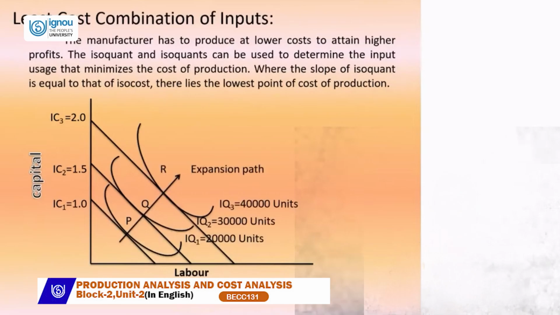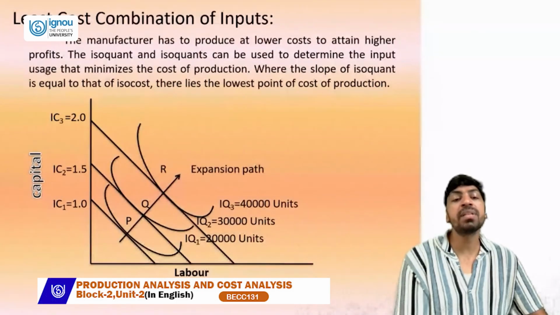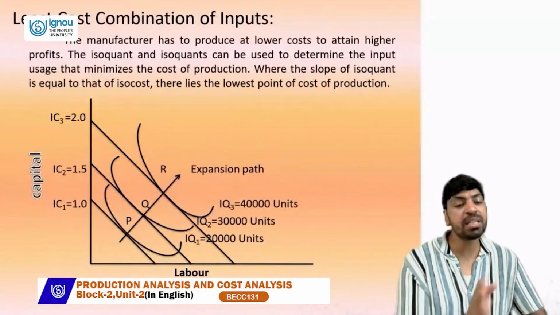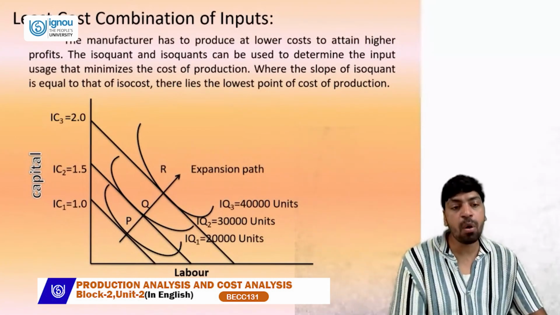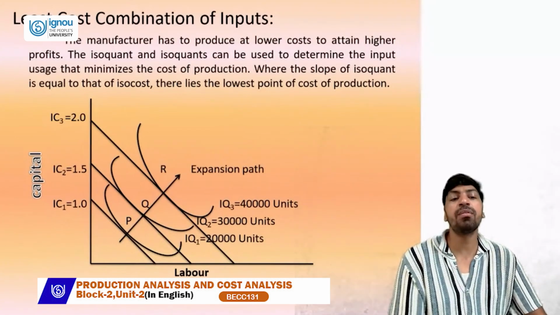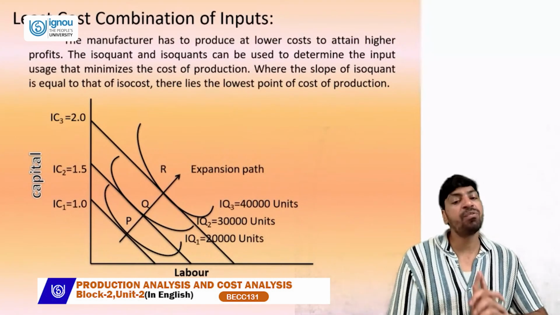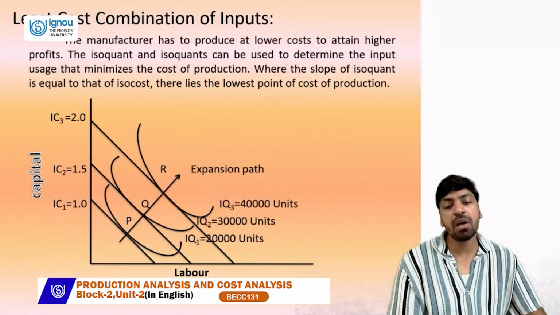You can see there are three isoquant curves and isocost curves, and the isoquant curve has been drawn convex to the origin. The least combination is IQ 1.0, which yields 20,000 units.